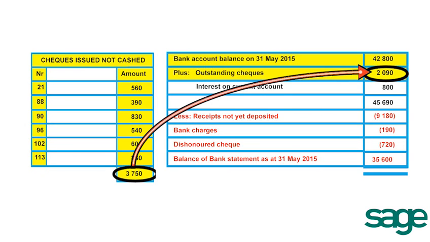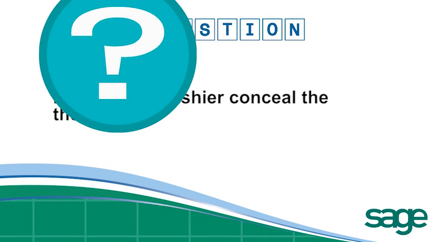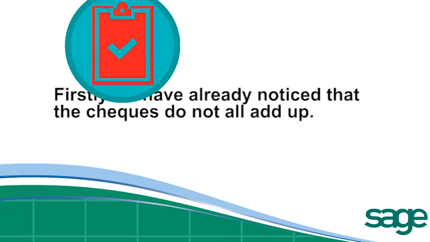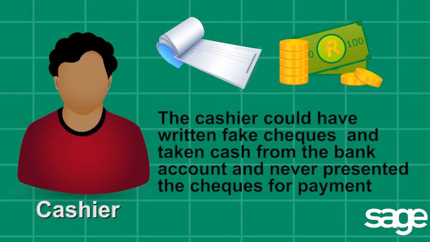The bank balance is therefore shown as $1,660, being the difference between $3,750 and $2,090. What can we conclude from that? Yes, we can conclude that the cashier has stolen $1,660. But the next part of the question is, how did she conceal it? The cashier could have written up fake checks and then taken the cash from the bank account and never presented the checks for payment. This is one way of concealing the theft.